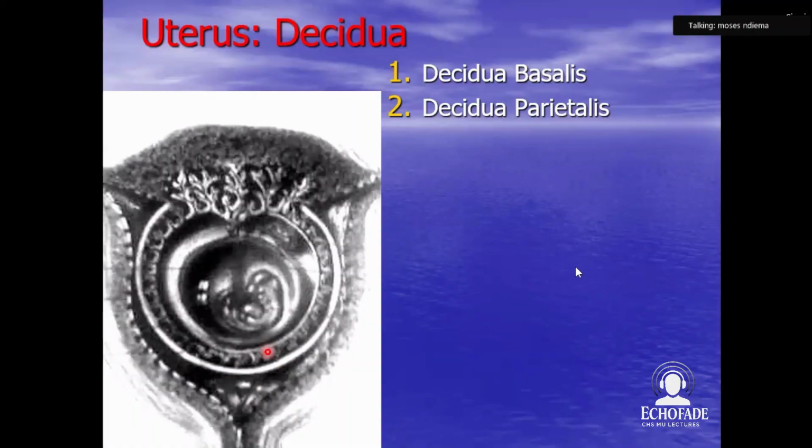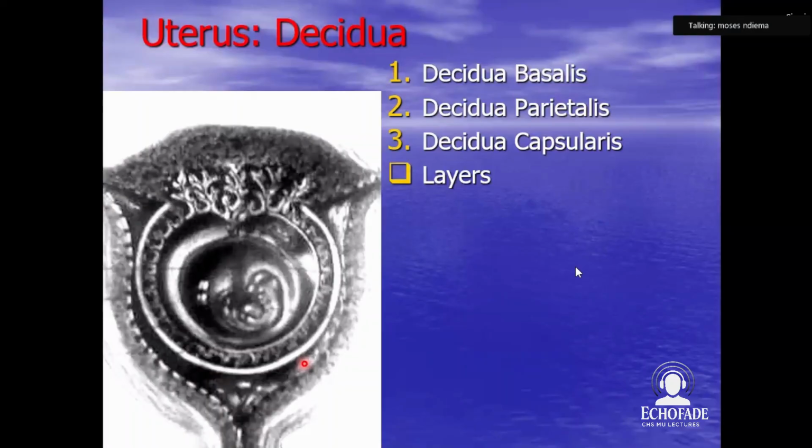And then the endometrium, immediately after implantation, when the blastocyst is completely embedded, that endometrium that surrounds it is what we refer to as the deciduum capsularis. But as the pregnancy continues, deciduum capsularis and deciduum parietalis fuse together.